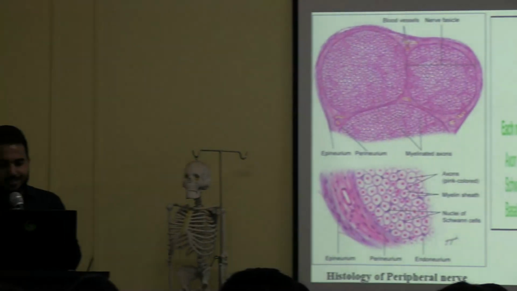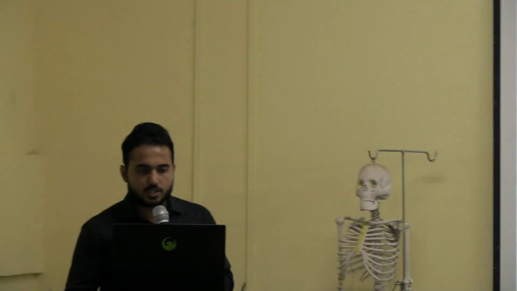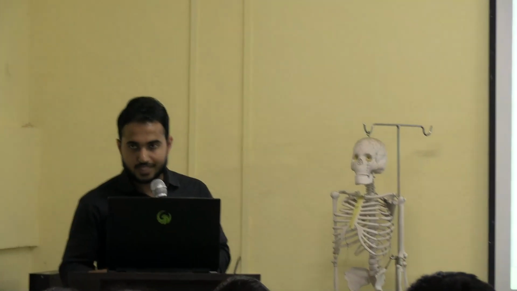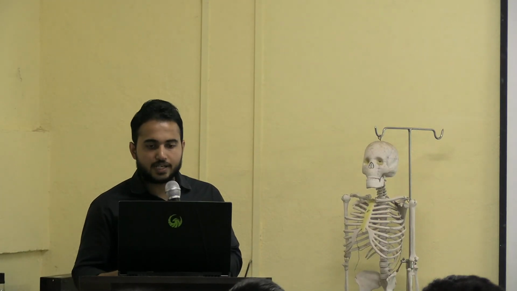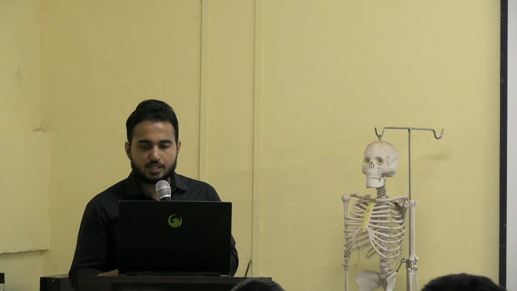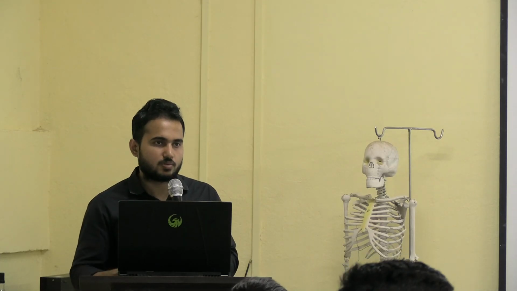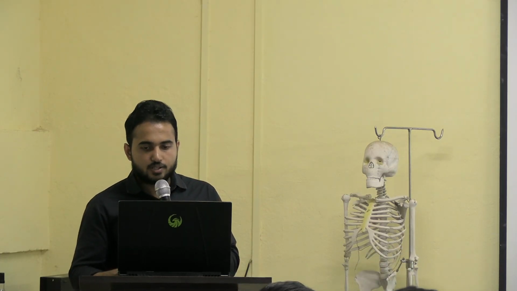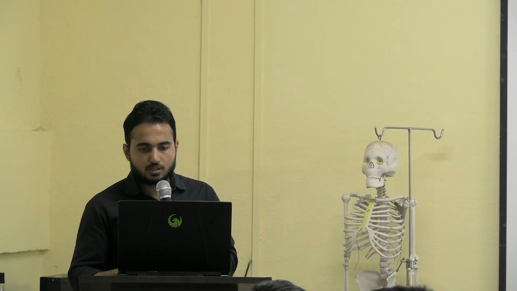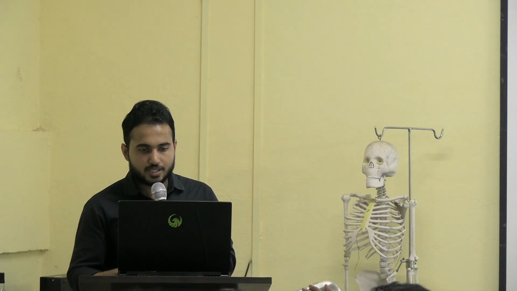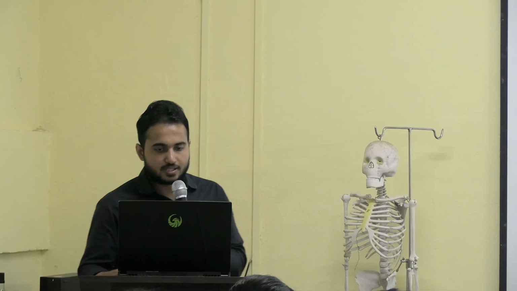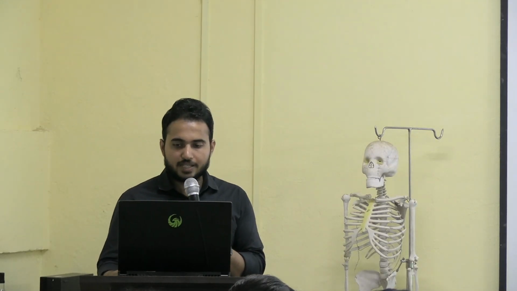So each nerve fiber, one single fiber, is surrounded by a layer of connective tissue called endoneurium. The endoneurium holds the nerve fibers together and facilitates the formation of fasciculus. It is made up of fibroblasts, collagen fibers, endothelial cells, macrophages, etc. Next, each fasciculus is surrounded by a thick layer of connective tissue called perineurium, as you can see in the diagram.